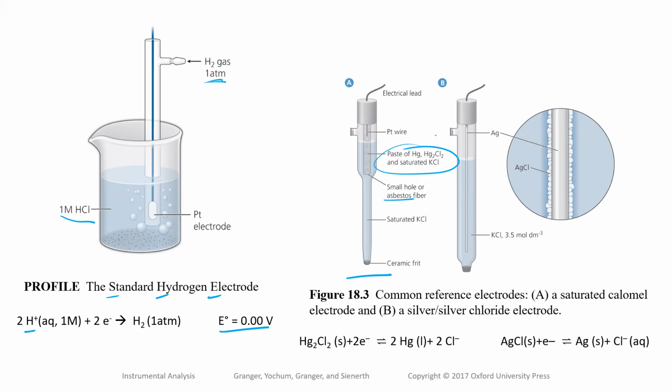But this operates very similarly to this AgCl electrode, just with mercury and mercury chloride. Here we see this saturated KCl, mole per cubic decimeter. A cubic decimeter is a liter. Can we just write molar? I don't know what this is about.